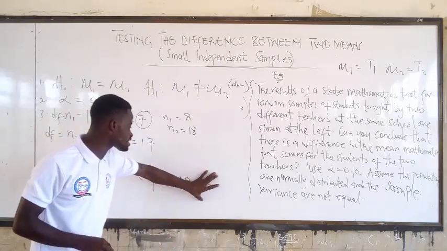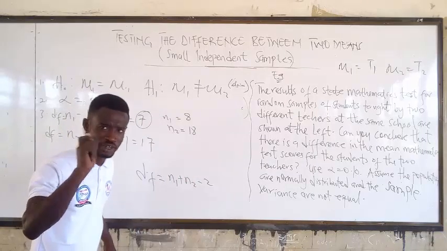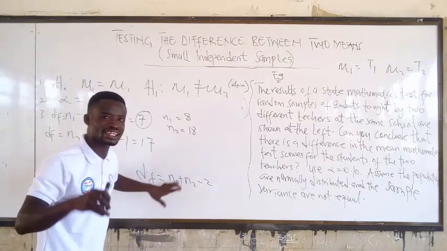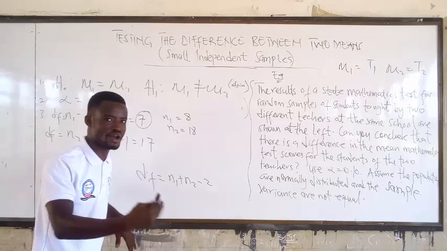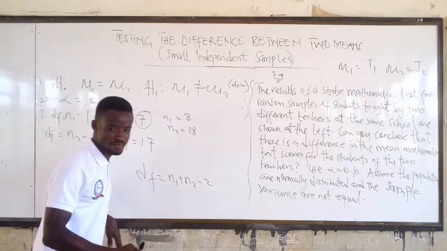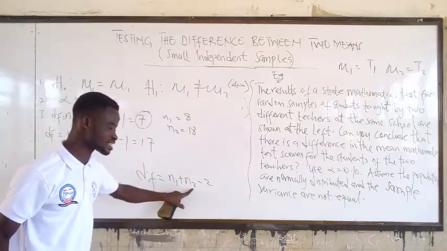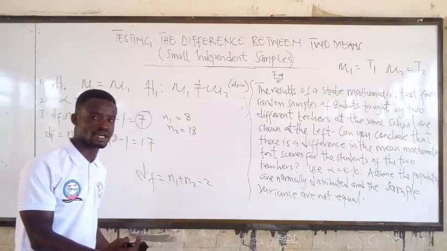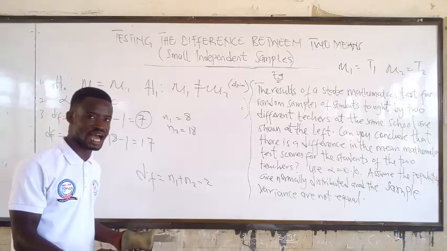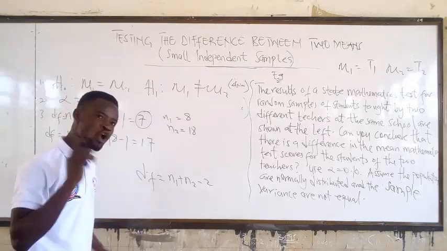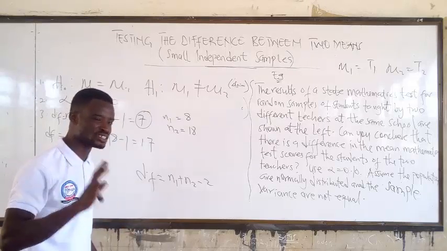This one will give you only 1 degree of freedom. But this is when the population variances are the same. Not that the sample sizes are the same, but the population variances are what? The same. This will give you only 1 degree of freedom. I want to emphasize this.